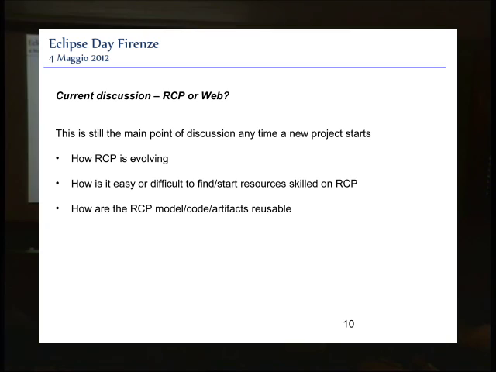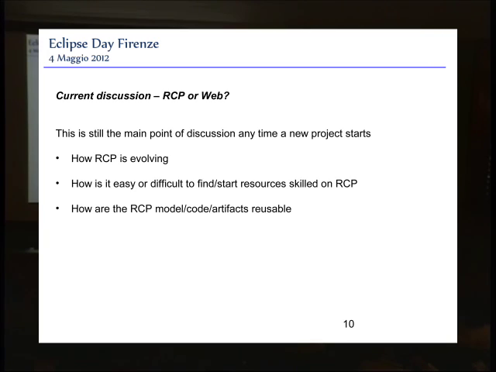So we are quite interested in understanding what's going on with Eclipse 4 in order to see which kind of evolution we can provide to the platform. One of the problems that we have seen in past projects is to find resources, skilled people.